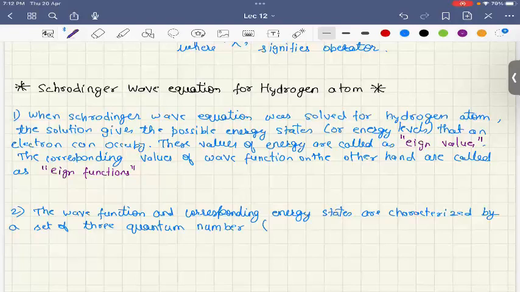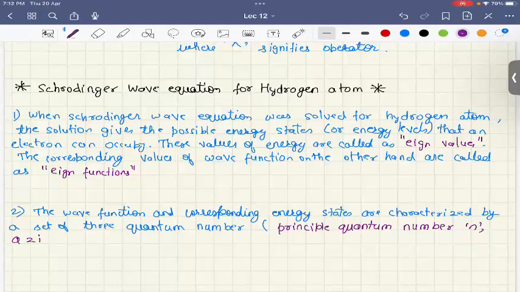These quantum numbers are called the principal quantum number, which is denoted by the symbol n, right?